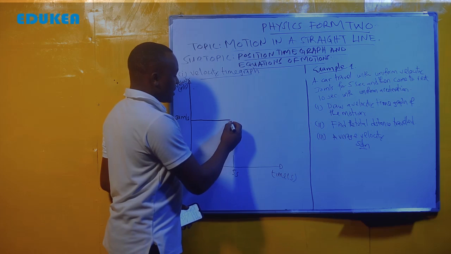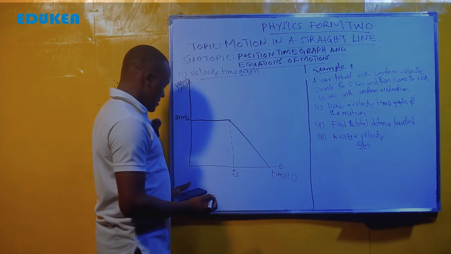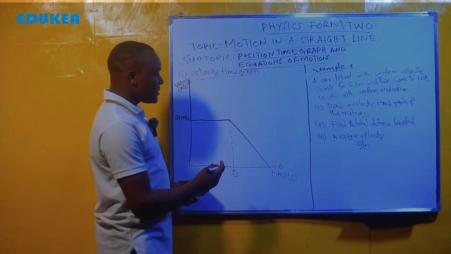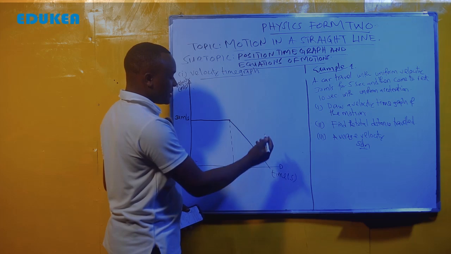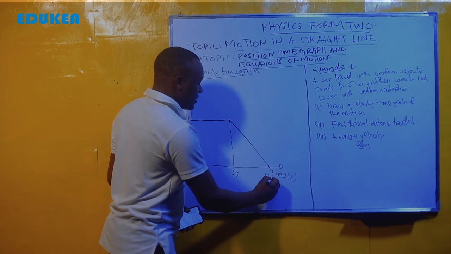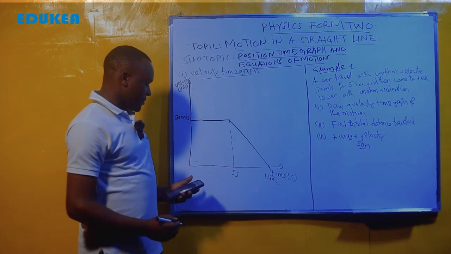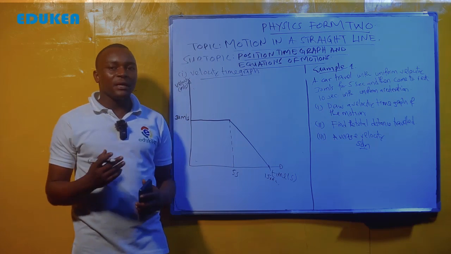After coming to rest in 10 seconds, meaning 5 plus 10, we get the time equal to 15 seconds. So that is how you can represent the problem you are given by using a velocity time graph.